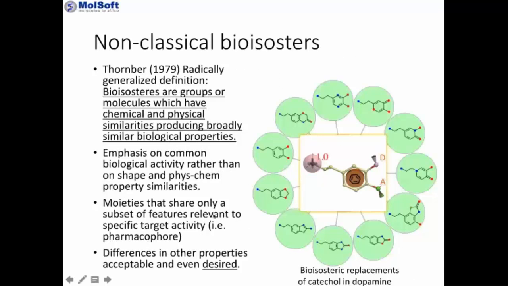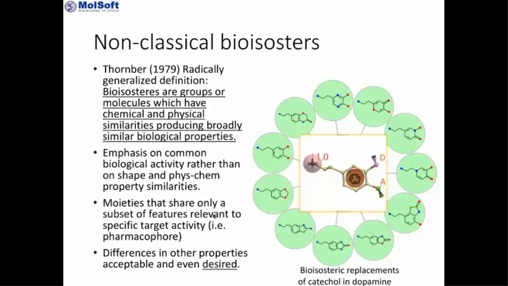when this concept started to be used in medicinal chemistry, at some point people suggested that maybe the idea can be broadened and generalized to actually include pairs of moieties or groups or linkers that can be replaced without affecting much the biological activity, but perhaps actually changing the other properties.